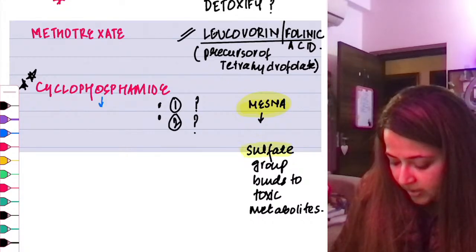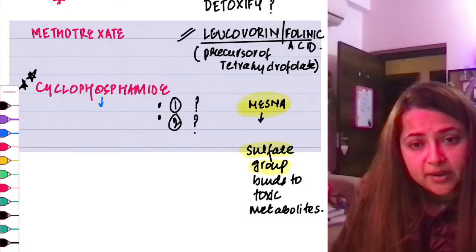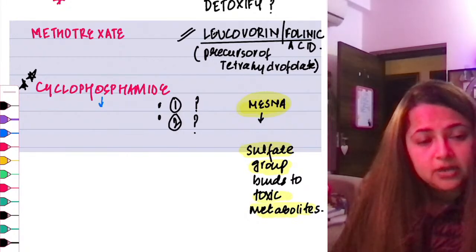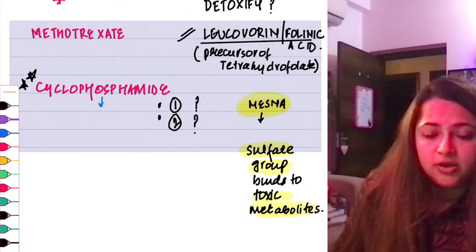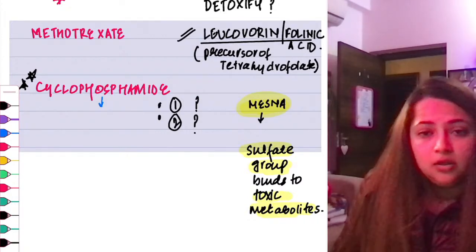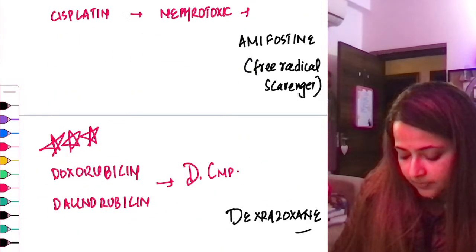Mesna is going to provide the sulfate group, and this sulfate group binds to the toxic metabolites being produced by cyclophosphamide, and ultimately the toxicity could be reduced. Okay, so this is a very, very important point. How to prevent the hemorrhagic cystitis caused by cyclophosphamide? Your answer is administration of mesna.